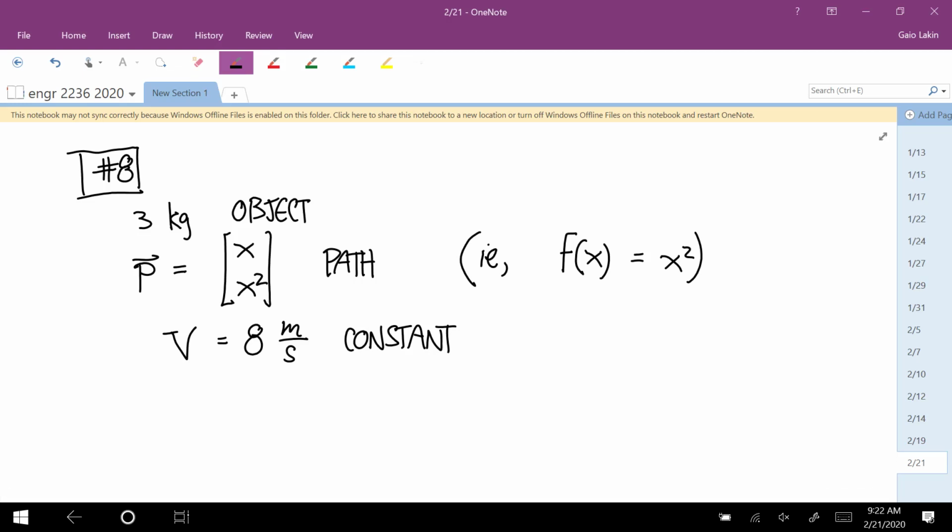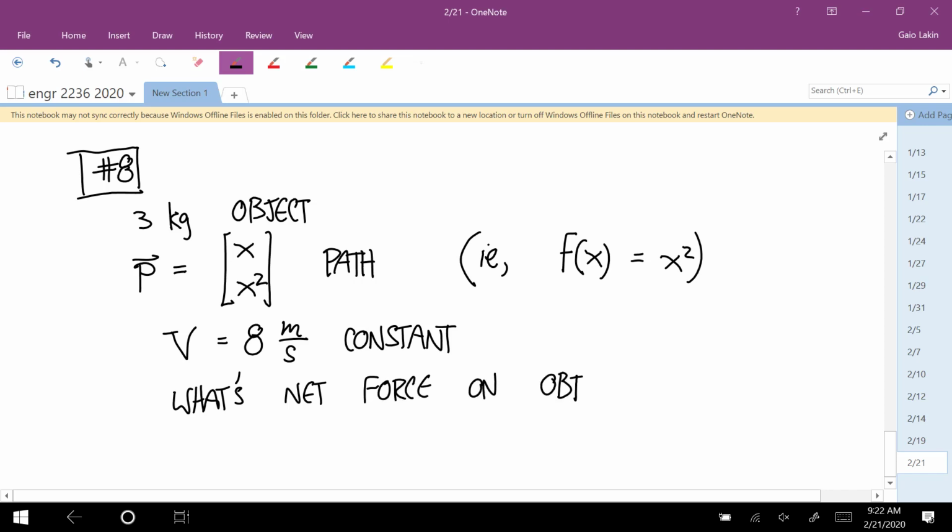This position vector is given in meters, and we want to know what's the net force on the object when x is equal to 2 meters.